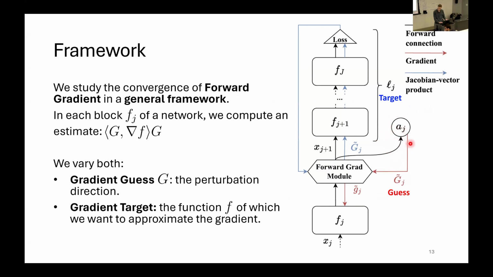Yes, to compute it from the network. Well, between each module, you have the output of your module x_{j+1}, which can be used either to propagate through the rest of the network, or as the input of your local loss. And you could train your local loss normally.